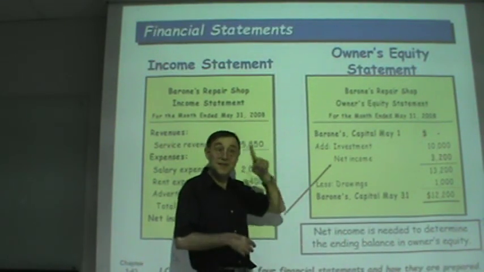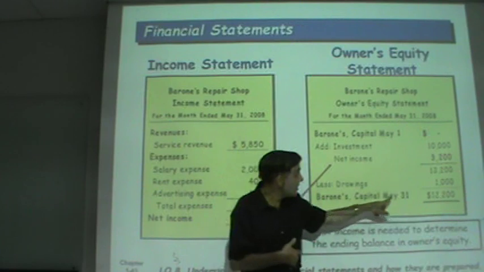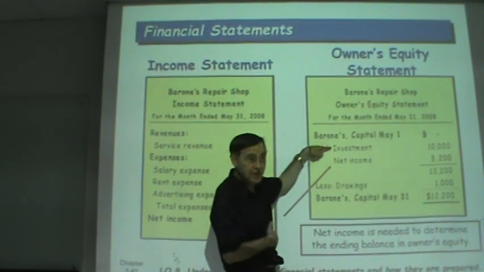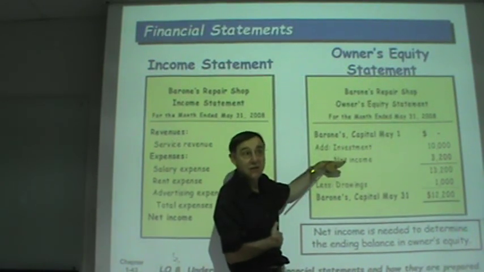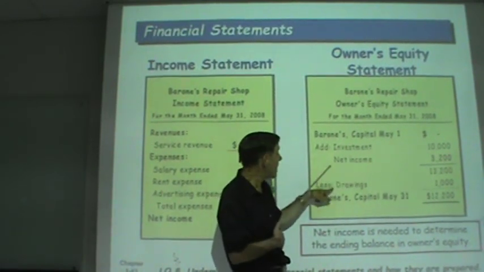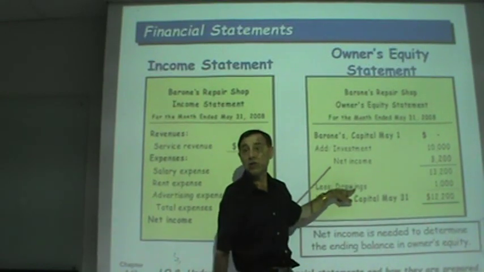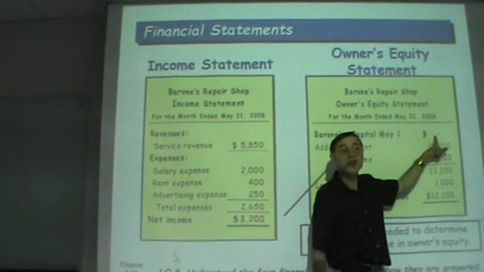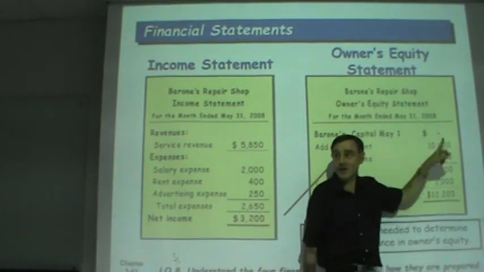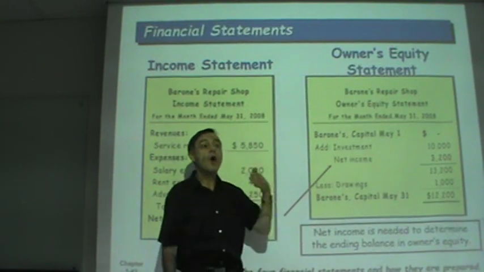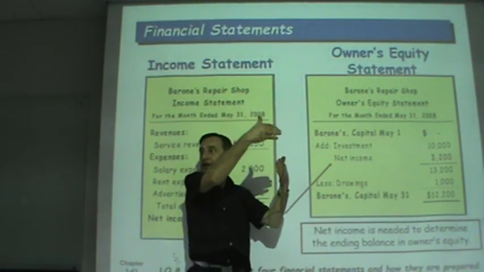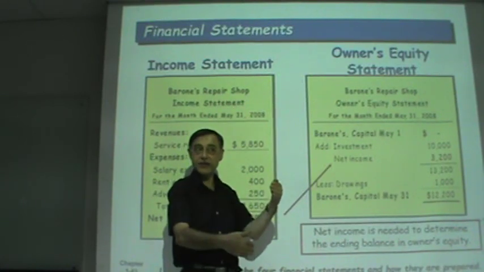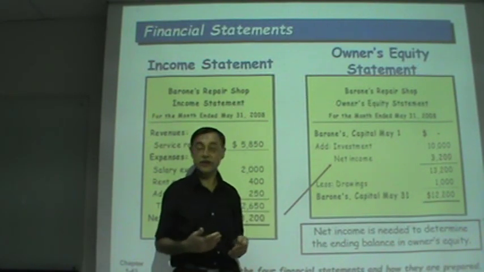So, next month, you will begin with this number. You will add investment. You will add profit, subtract loss, and subtract the drawing. This time, because the business is brand new, there is no capital to start with. So you say old capital, add investment, add profit, subtract the dividend.